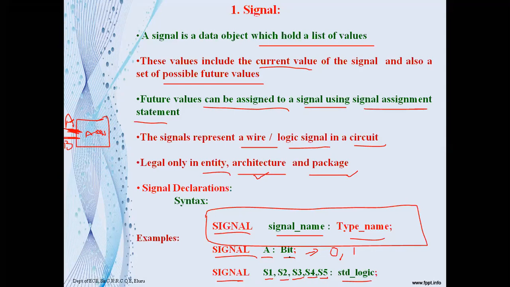What is the difference between bit and standard logic? In bit you will have only the 4 possible values: 0, 1, U, and X, high impedance state. Whereas standard logic will have 9 possible values here.